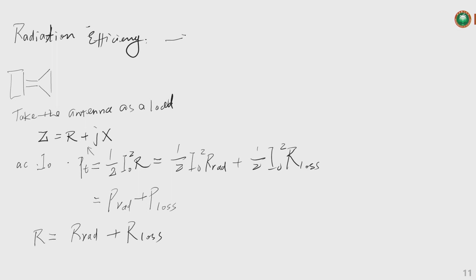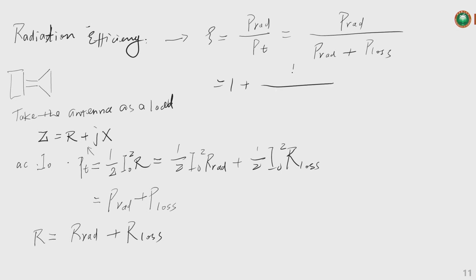The radiation efficiency is defined by the radiated power divided by the transmitted power, which is the radiated power divided by the radiated power plus the lost ohmic power, so it can be defined as 1 divided by 1 plus P loss over P rad.